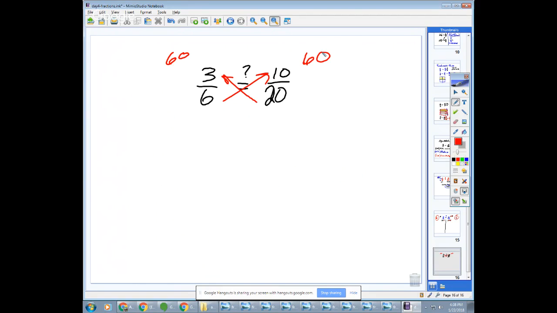Now, my claim earlier was doing this is essentially finding a common multiple for the denominators. Anybody have a guess at what common multiple I'm aiming for when I do this?